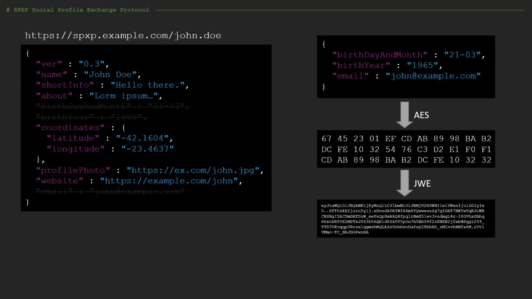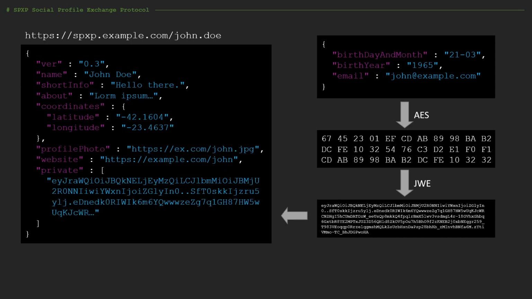This JWE object is then inserted back into your profile document as one element in this private array here. Everybody who knows the encryption key can then decrypt this object again and merge it back into the main JSON document. JWE would allow us to encode an object for multiple recipients, but considering their potentially large number, this is simply not practical.